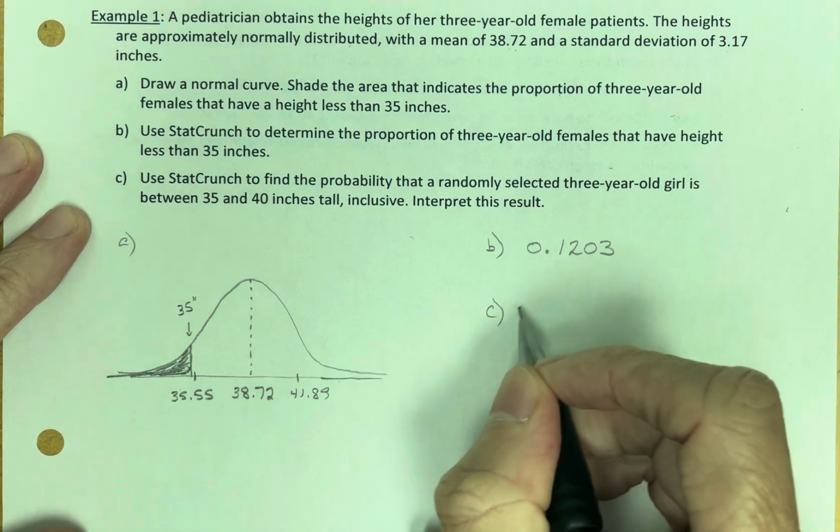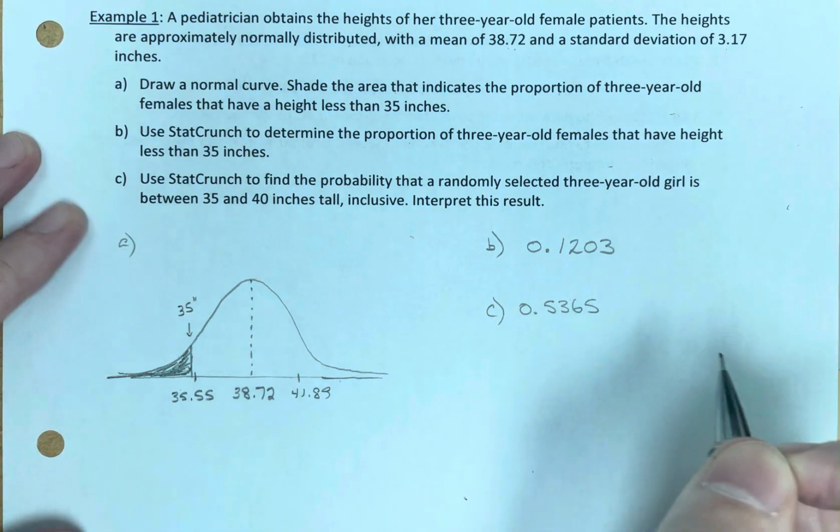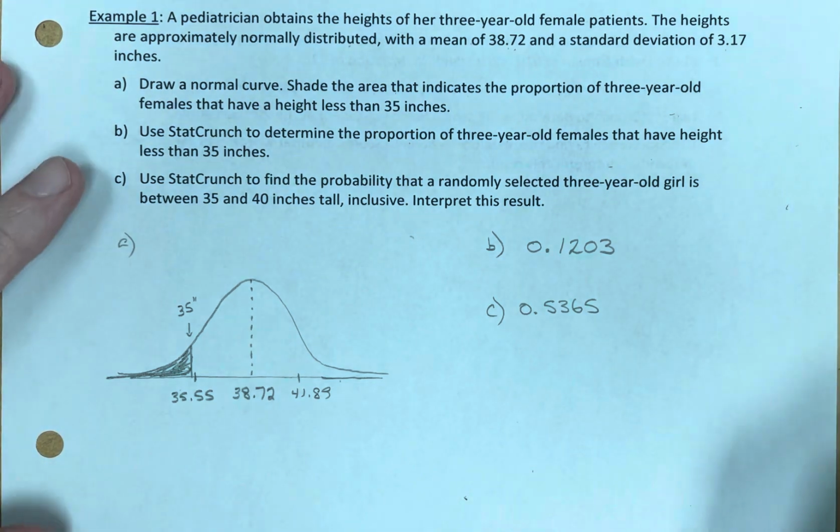Letter C, the answer is 0.5365. We're going to interpret it, which means we're going to have to put some language in there.